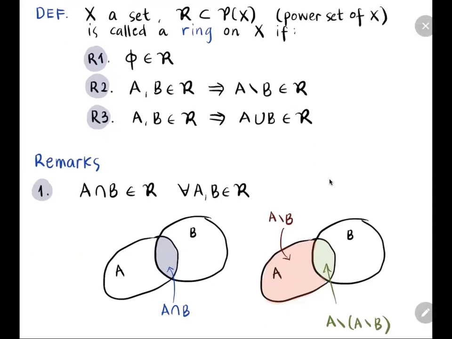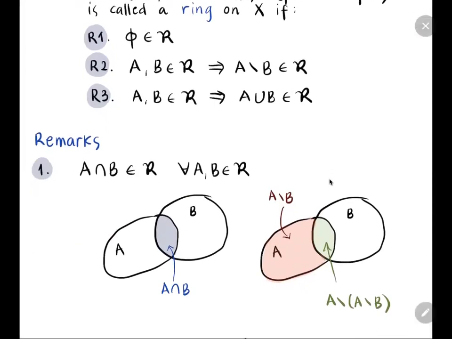Okay, so consider two sets A and B. Okay, and this shaded region here is the intersection. Now, if we take the difference of A and B, more precisely A minus B, that would be the red shaded region in this case.